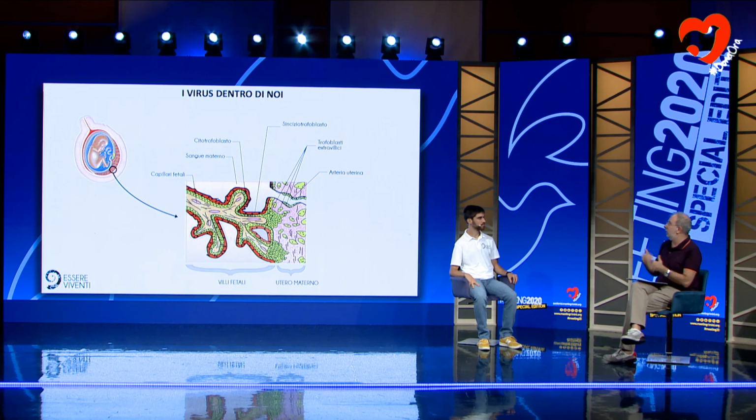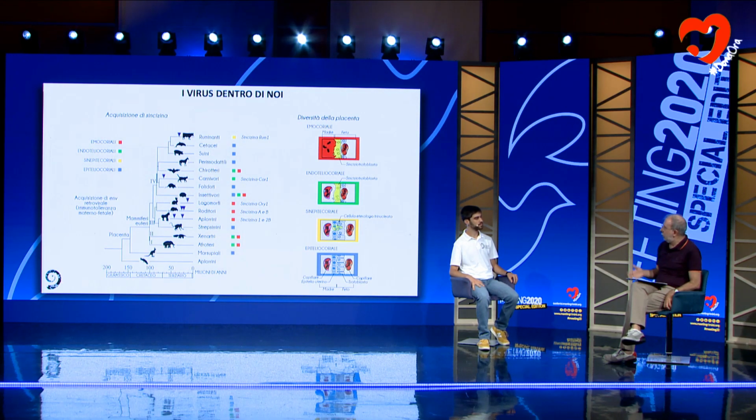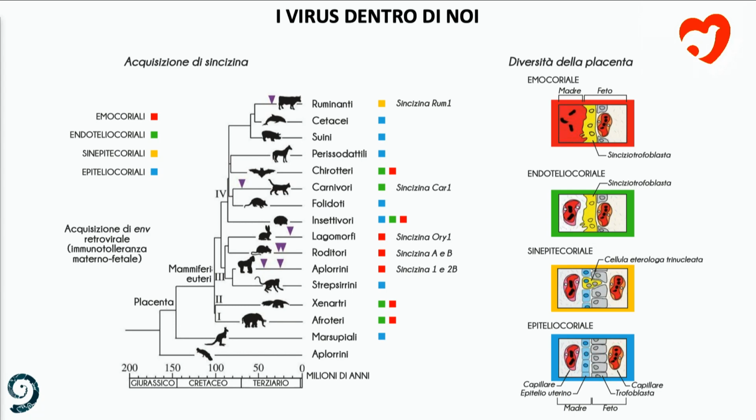So if there are mutations here, there might be problems in the development of the placenta. And this is something that actually took place in all mammals studied up to now, because this is a structure that is quite different in the different mammals.